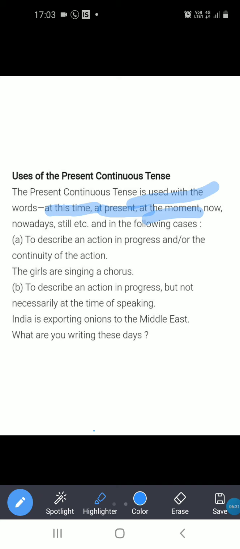Still means this time. And in the following cases, it is used to describe an action in progress or the continuity of the action. The girls are singing a chorus. Okay, because the girls are singing, the performance is going on. The action is being performed this time. Okay, but not necessarily at the time of speaking.